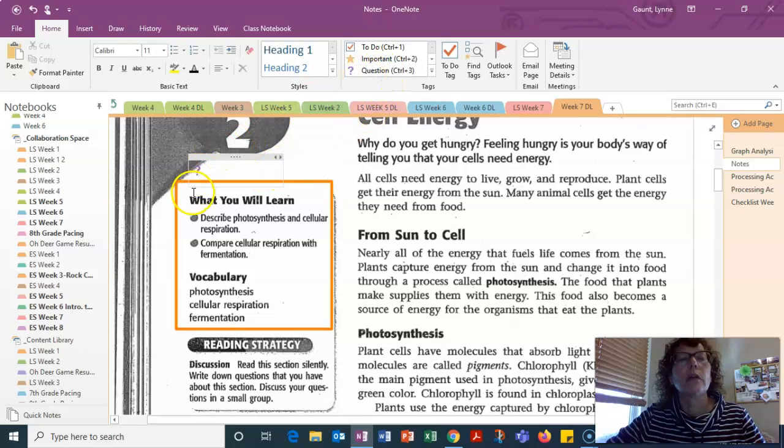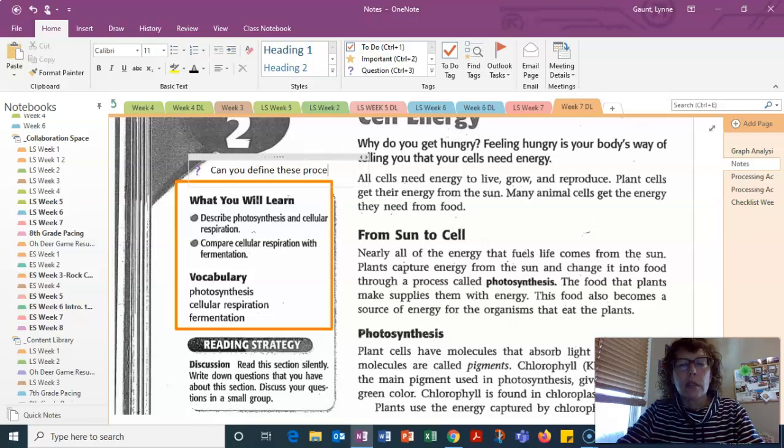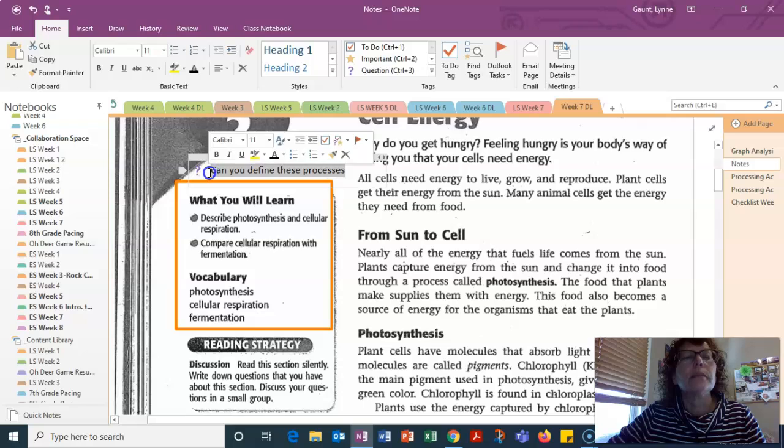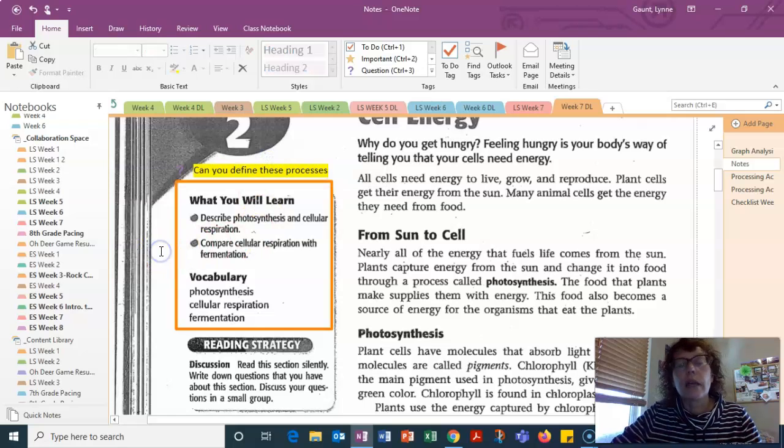Question. There it goes. Question mark shows up, and I'm going to type, can you define these processes? And I'm going to highlight that in yellow. Because whenever you mark up something in a text, you're not just doing it for the one time.